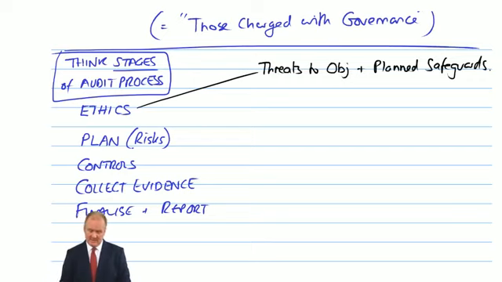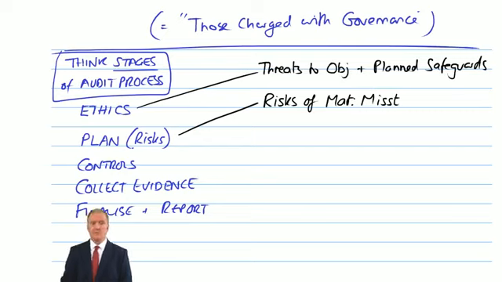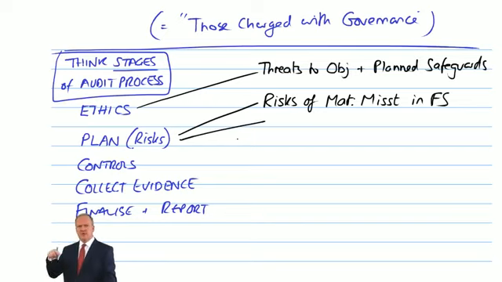When we plan the audit, we should discuss with the client the main risks of material misstatement in the financial statements. Partly so they know what we're doing during the audit, but also because the audit committee may well want to contribute to that and say, we think this is a risk as well.